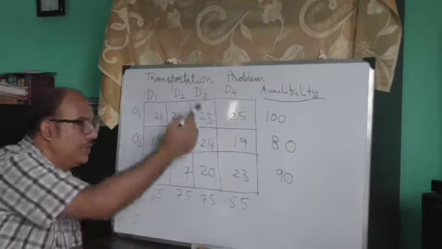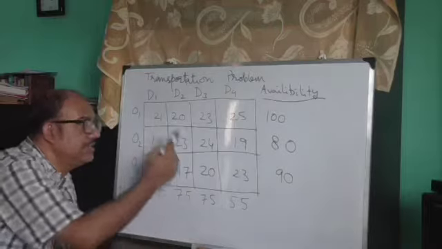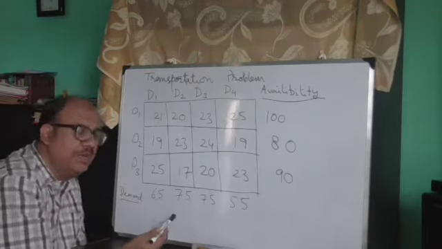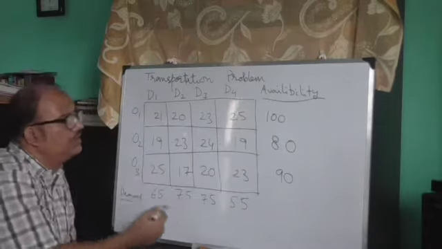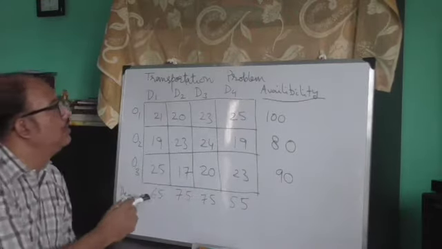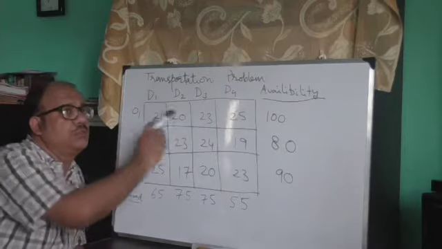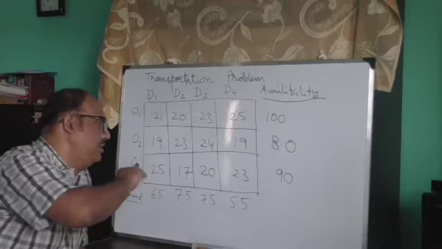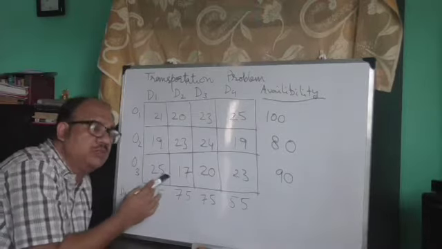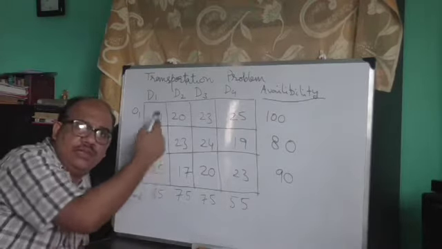Different destinations could have the same demand or different demands, it doesn't matter. This is what the transportation problem looks like. You have to transport the finished goods from different origins to different destinations.